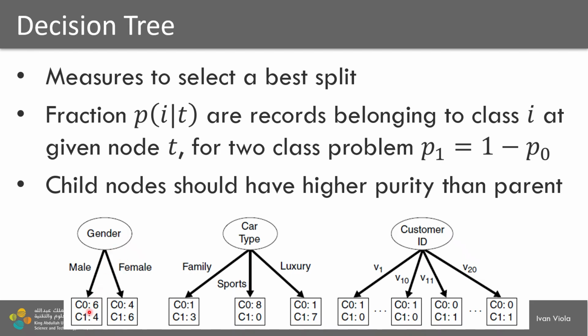It's not the gender condition. It's maybe whether somebody will be able to repay the loan or not. So C0 will mean yes, they will be able to repay, and C1 no. In the case of women, 4 will be able to repay and 6 will not be able to repay. So the gender was not really very discriminative.